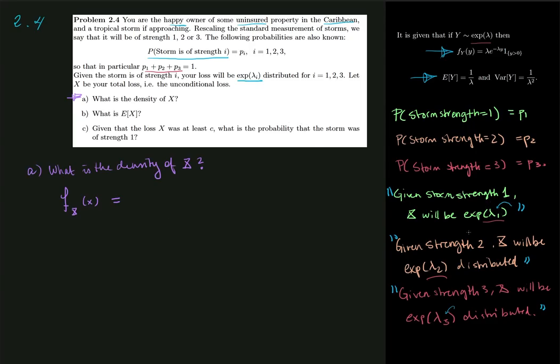And if the storm strength is 1, X will be exponentially distributed with the parameter lambda 1, which then tells us it makes sense to think of it as with probability 1, X has distribution given by the exponential distribution with parameter lambda 1, which has density as such, where I plug in lambda 1 instead of lambda. So there is a probability P1 that the density of X will look like this.